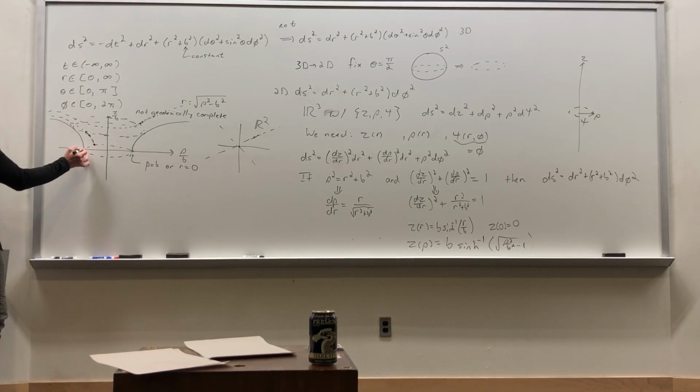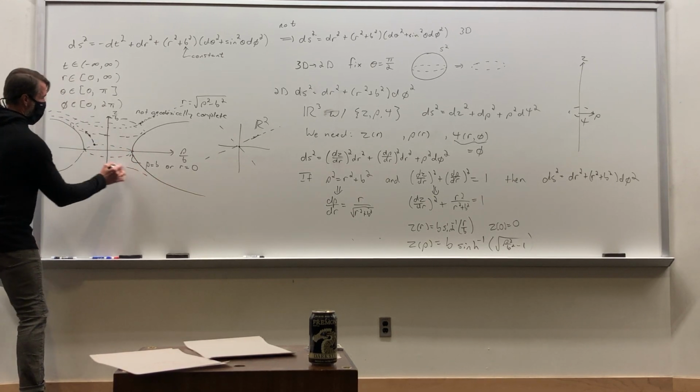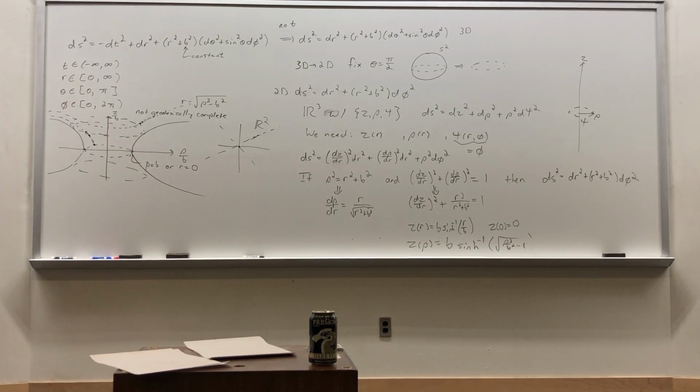That is, we can include a new branch of the space, defined in a very specific way, which cures that geodesic incompleteness, because now this just continues. What is this space?